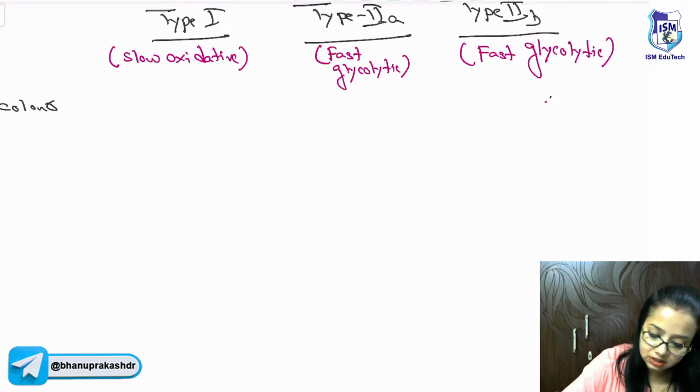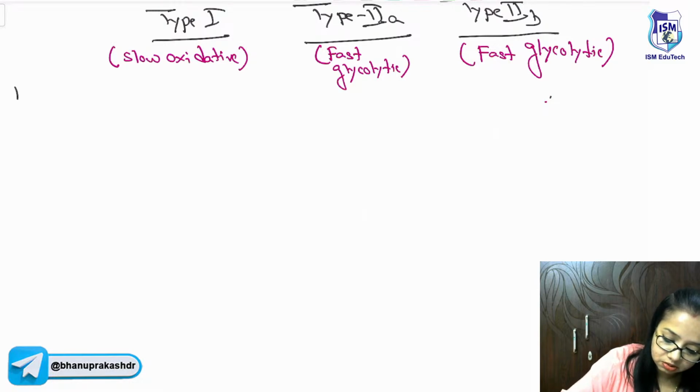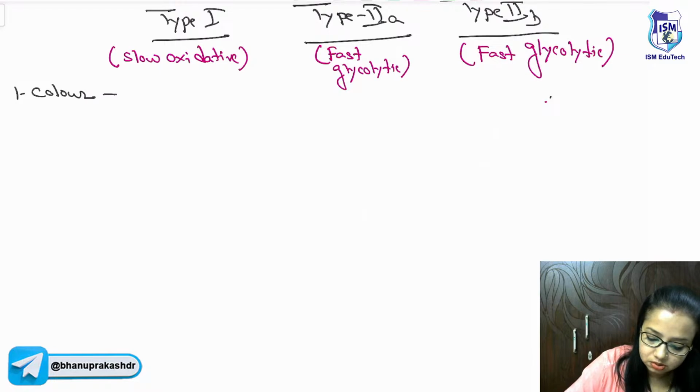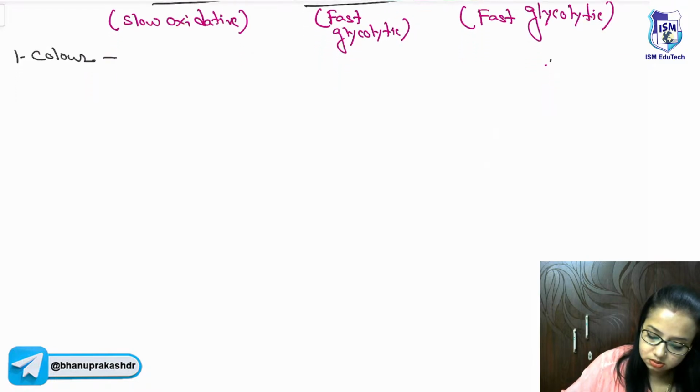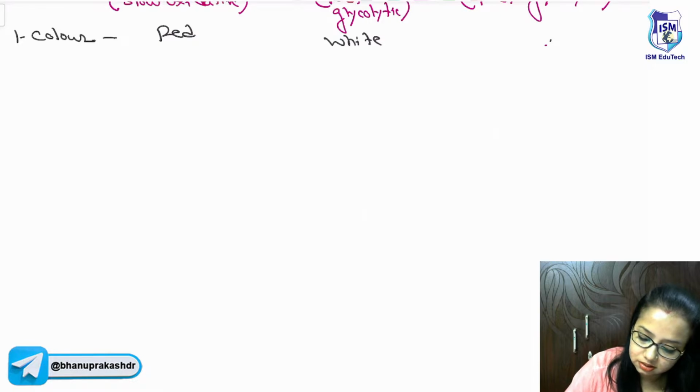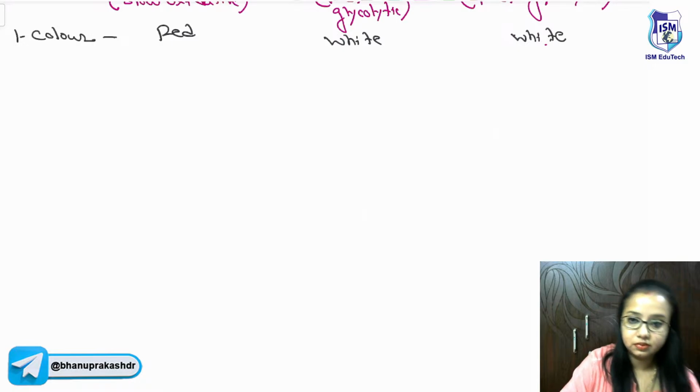How do they look color-wise? This type 1 looks red in color, whereas type 2 are white and white. Okay.